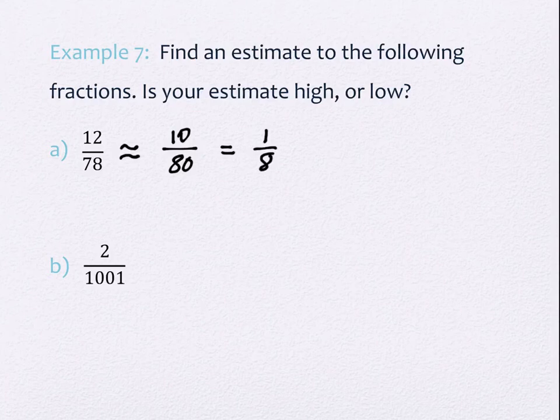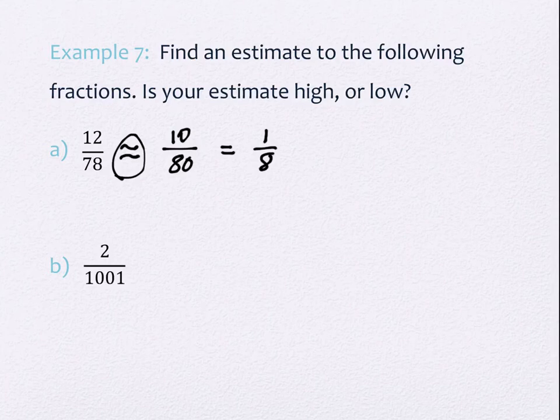It's not exact. That's why I've got these tilde curly things going on right here, right? The approximation symbol. But it's close. In each case, they'll give you some choices to make from. But this is one where if I were wanting to deal with this fraction and wanted to do an approximation, 1/8 would be a good choice.